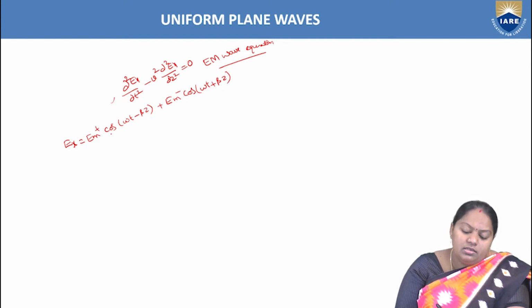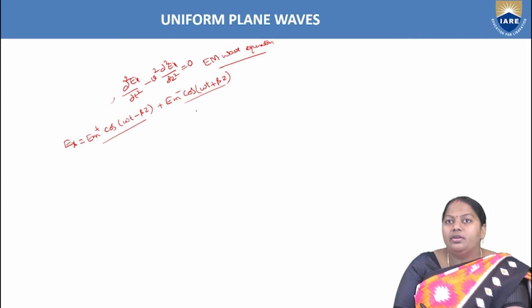Basically this equation consists of two traveling waves. One is traveling in the forward direction and the other in the backward direction. So one represents the positive component and the other the negative component.